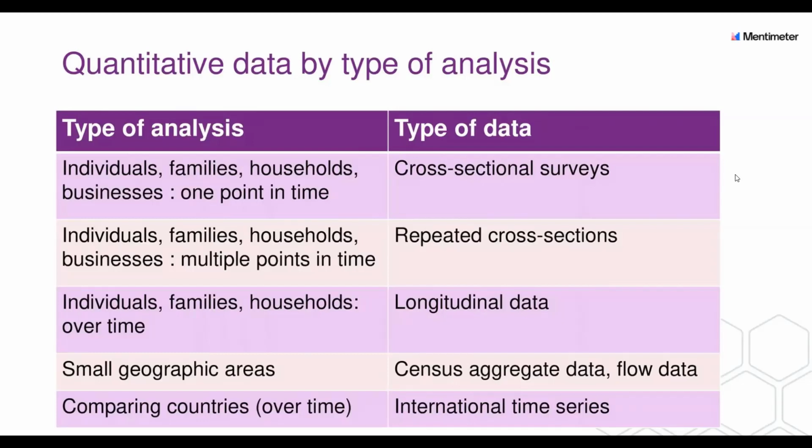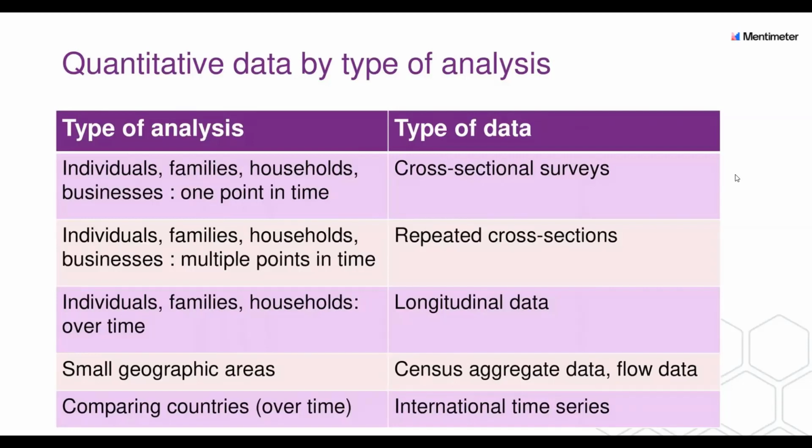We also get data about place. Examples of this are the census aggregate data, which will be coming available, we hope, from next month. That would be tables of univariate and multivariate data covering the different geographies within the census countries.